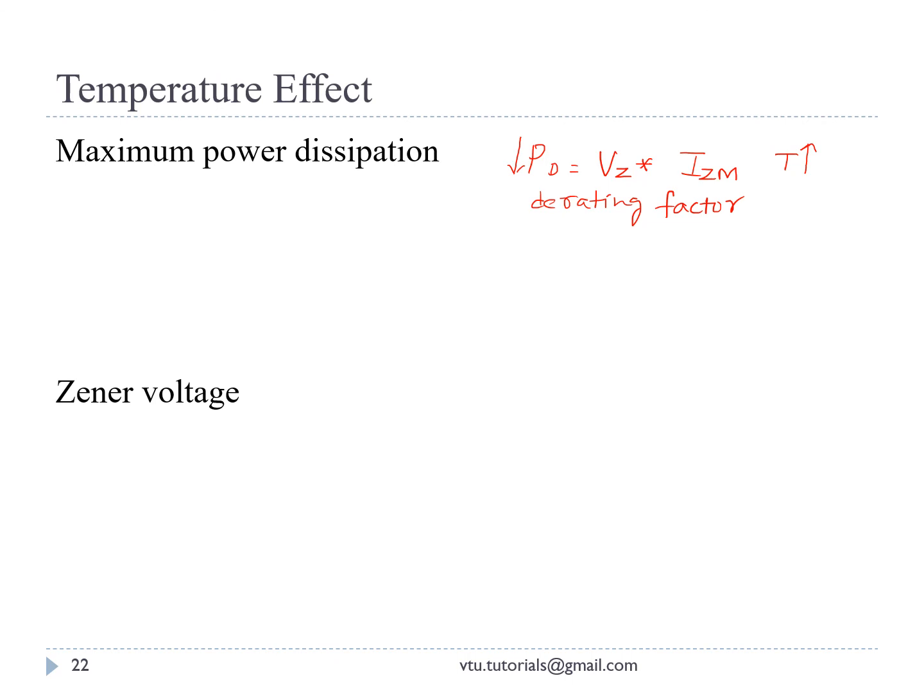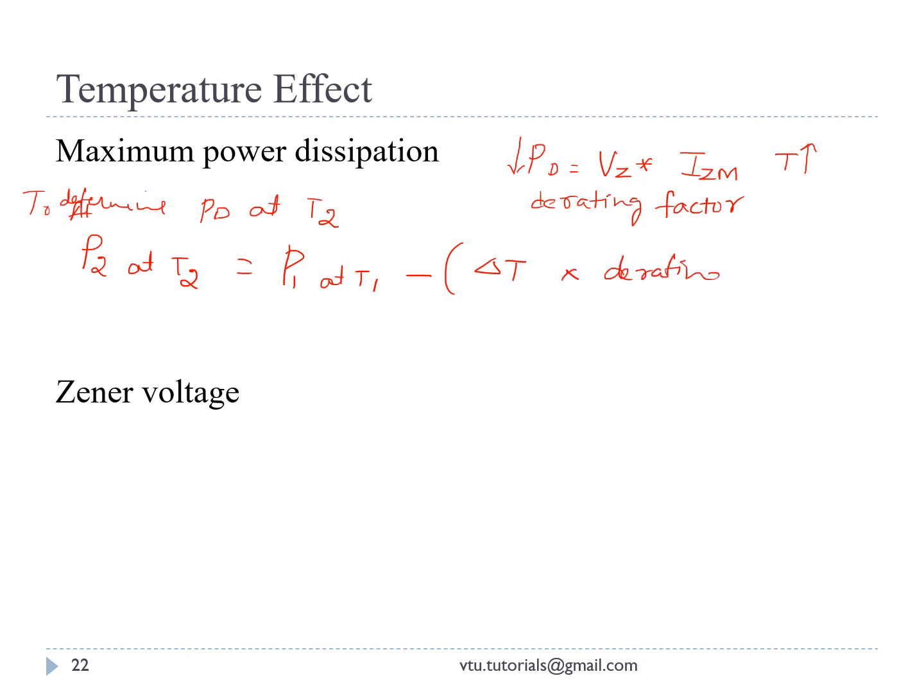To determine PD at some temperature T2, we use this equation. The power dissipation P2 at temperature T2 is equal to P1 at temperature T1 minus delta T into the derating factor. This is similar to the PN junction.